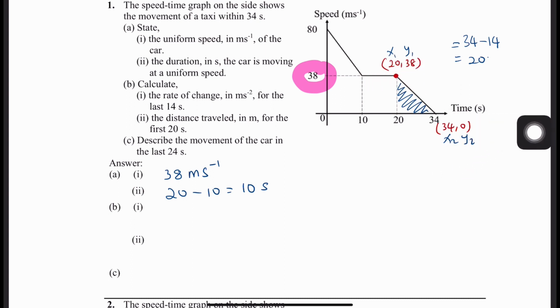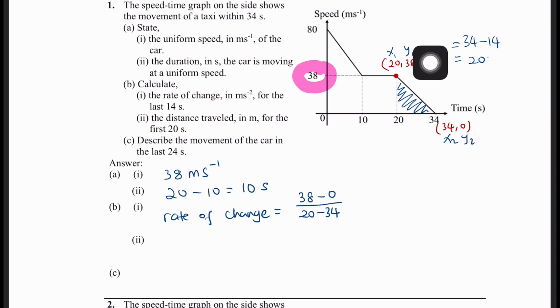Okay, now macam mana kita nak kira gradient? So kiralah gradient, ataupun kita boleh buat ni lah, rate of change. Okay, rate of change is equals to, contoh saya ambil 38 minus 0, 20 minus 34. Atas tolak bawah boleh, bawah tolak atas boleh, tak kisah.